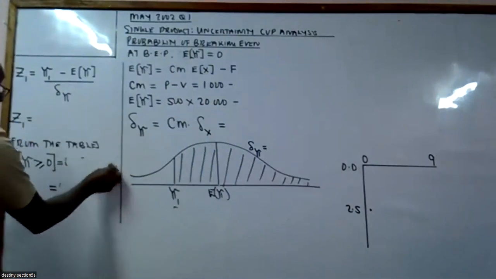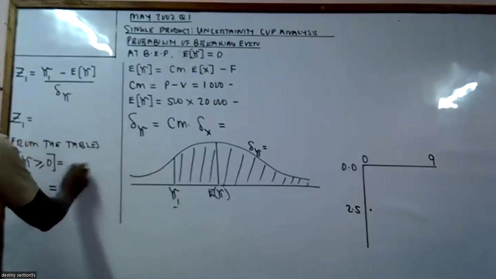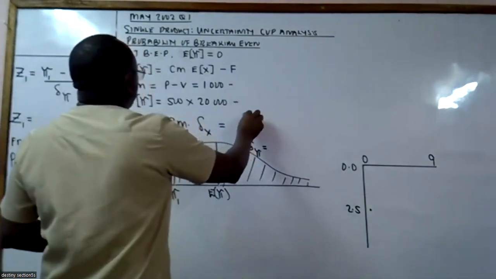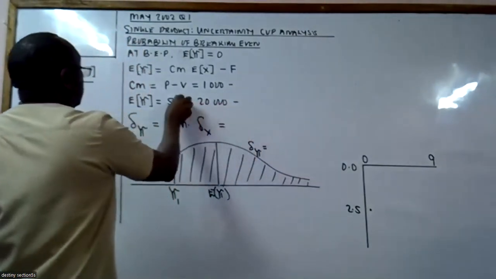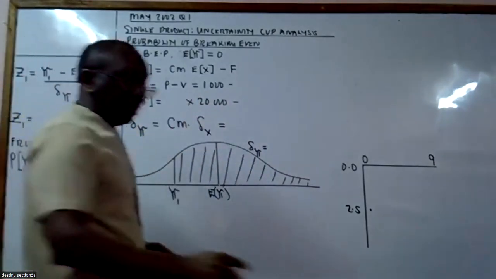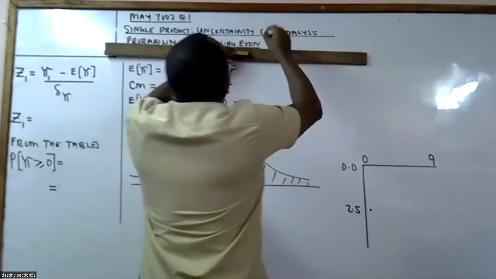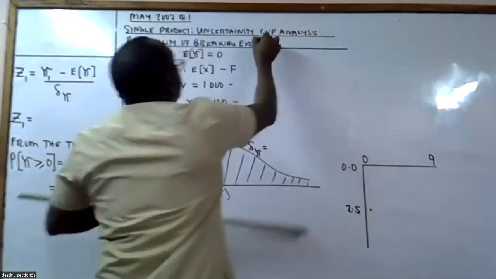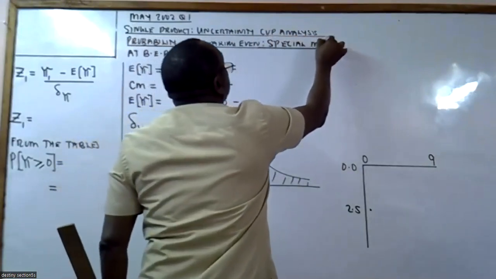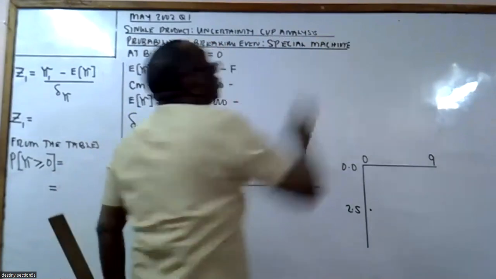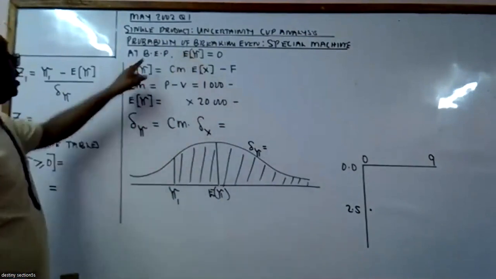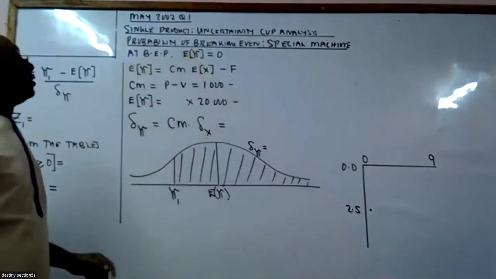You can repeat these things or you can skip. They remain at break-even point, expected profit is 0.